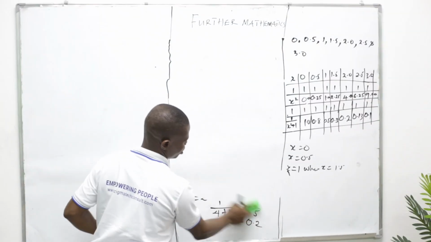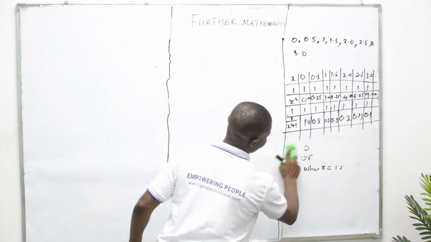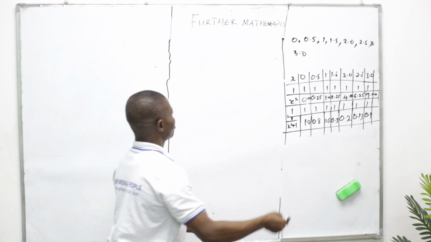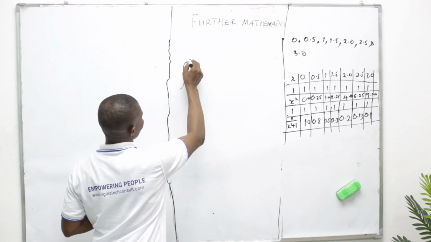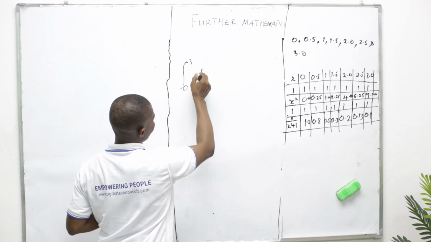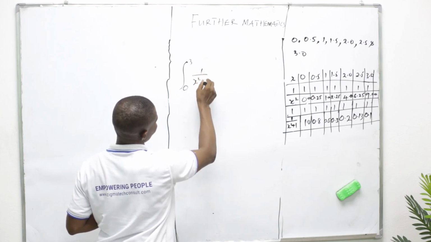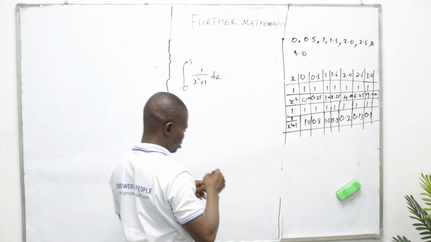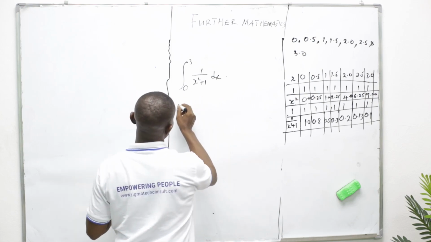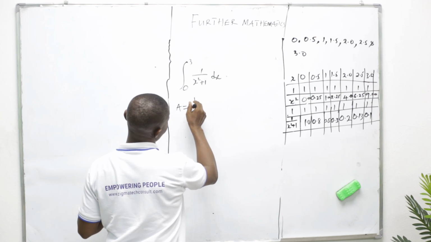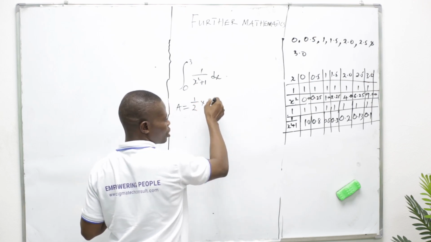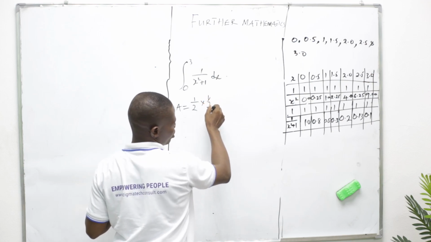Back to the question so that we can substitute when we finalize. The integration here is the integral of 1 all over s squared plus 1 ds. Formula here, A equals 1 all over 2 times h. Recall our h was 1 over 2.